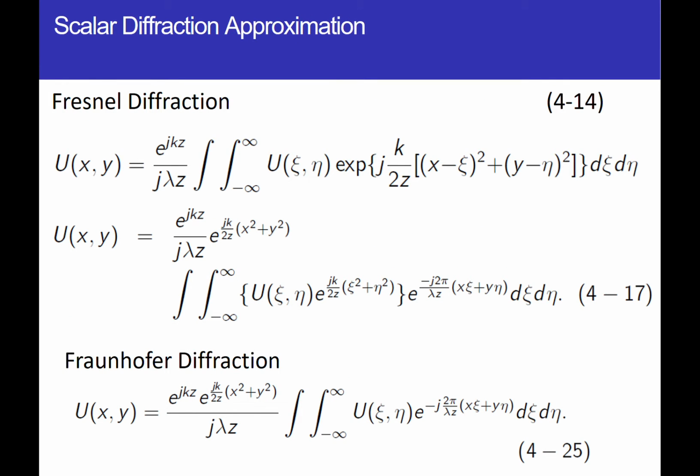So basically, we have the Fresnel diffraction equation and the Fraunhofer diffraction equation. In previous classes, we have learned about the Fourier transform. This is nothing but the Fourier transform.